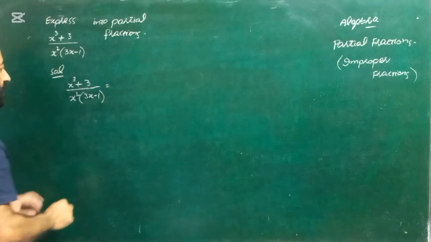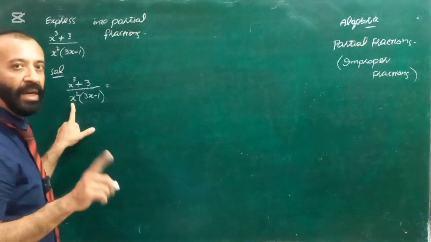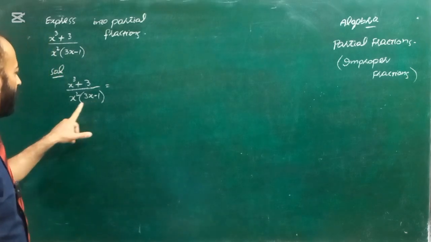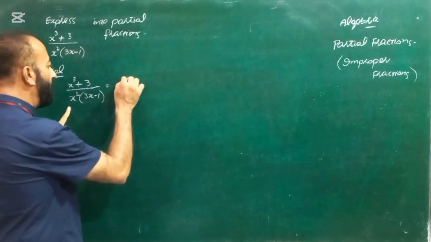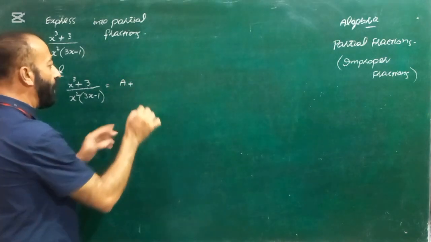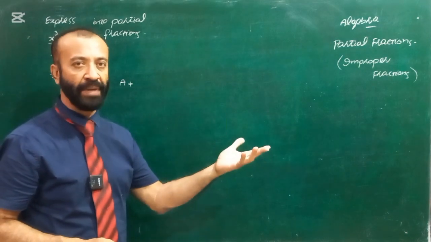From here you can see in the denominator we have a repeated linear variable and then another linear expression. So the first alphabet will be written alone, and then the same rules of the proper fractions will be applied.